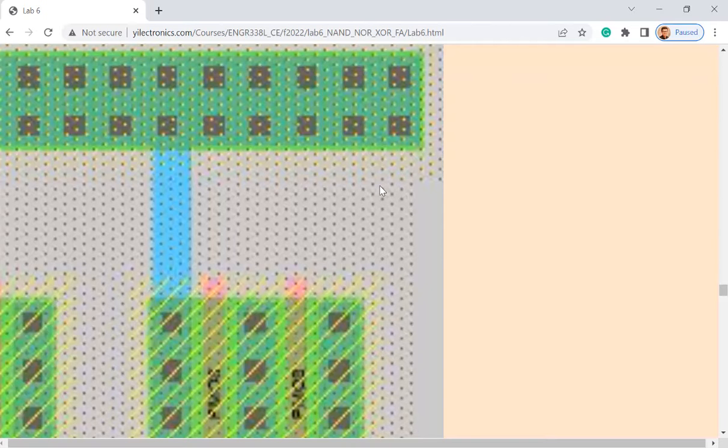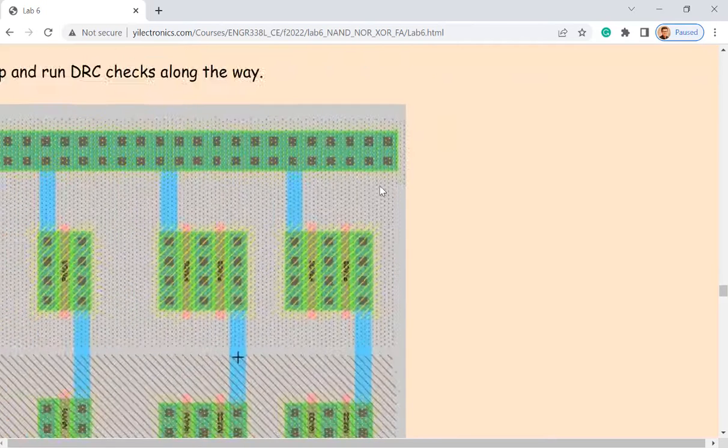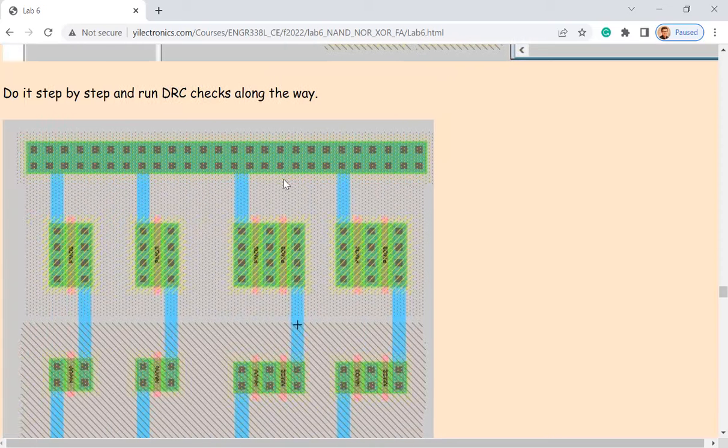Okay, so what's another way to solve that problem? In the library in Electric VLSI, there's a component called probably pure N diffusion or something, just pure diffusion, N type, I think it's called pure N something, and just dots. You can see there are just dots.